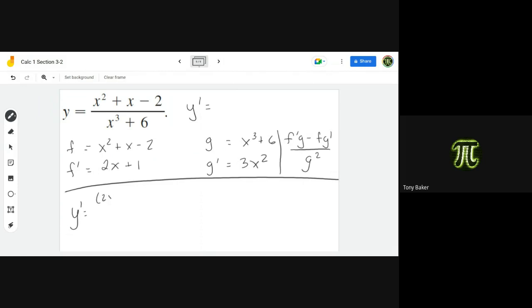So we've got 2x plus 1 times x to the third plus 6, minus x squared plus x minus 2 times 3x squared, all over x to the third plus 6 squared.